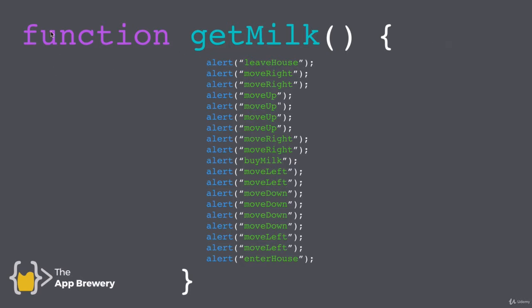You first start off with a keyword called function that tells the computer that you are creating a new function. You give the function a name, you have a set of parentheses or round brackets, and then you have some curly brackets that enclose all of the instructions that you want to be executed.